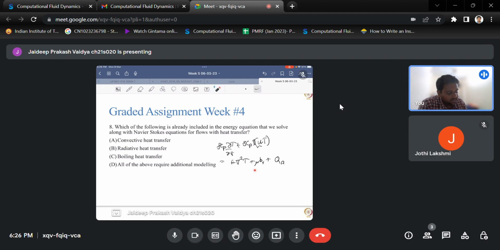Again, this is the viscous dissipation term, this is the reaction energy term, this much would be the convective heat transfer term, and this would be the diffusive heat transfer.